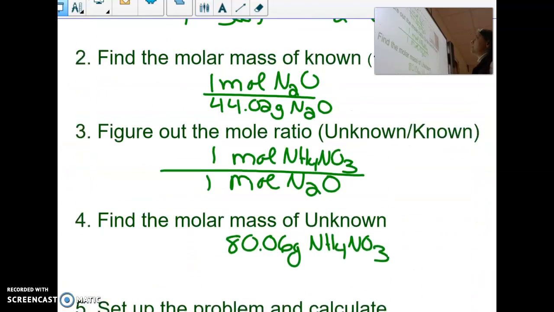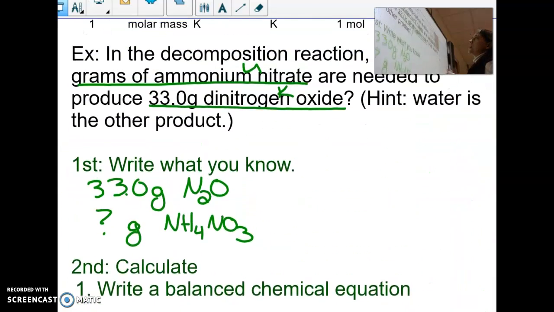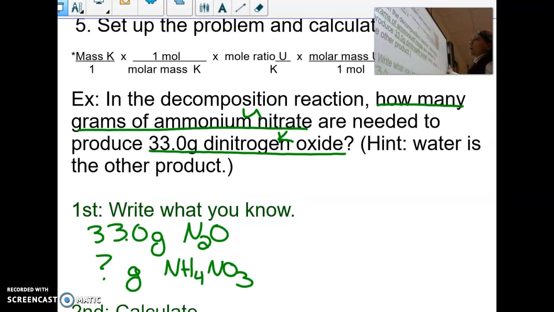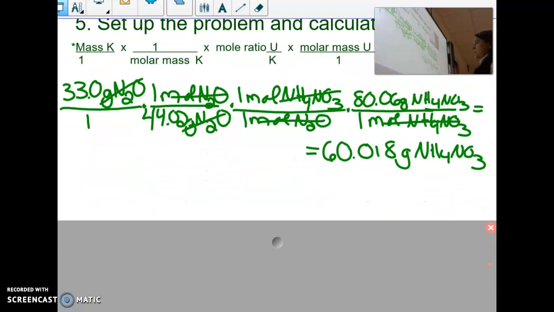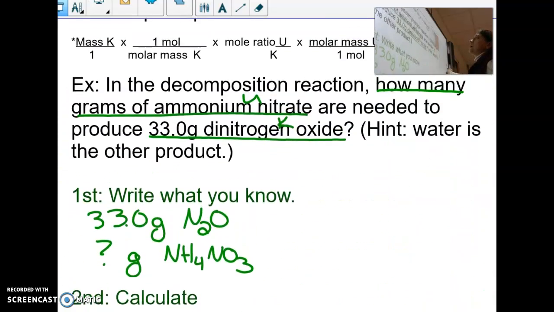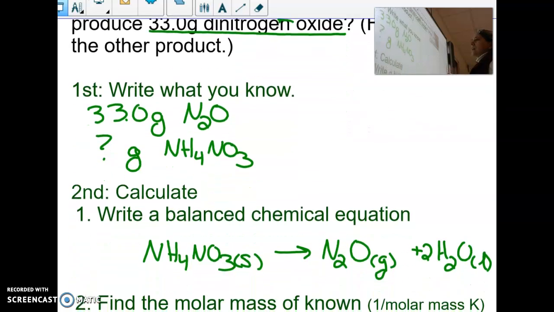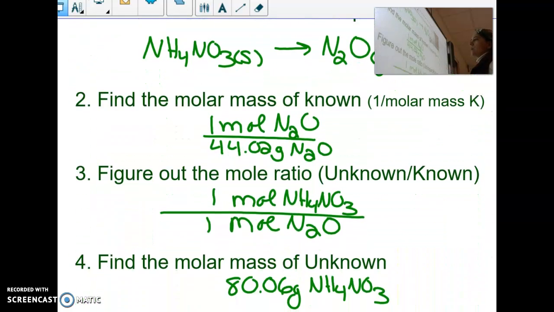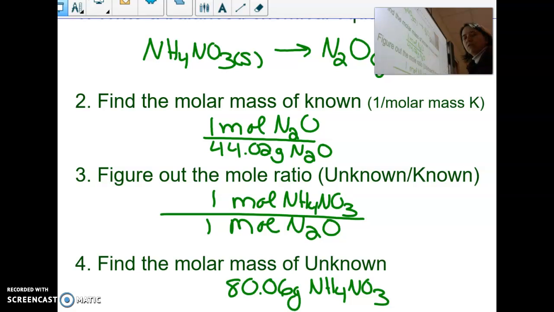So we'll go back up here, and it said how many grams of ammonium nitrate? And our answer is grams of ammonium nitrate, so that's great. And then looking here, we had 33 grams of dinitrogen oxide. So we know that 1 mole is 44 grams, so that's about 3/4.